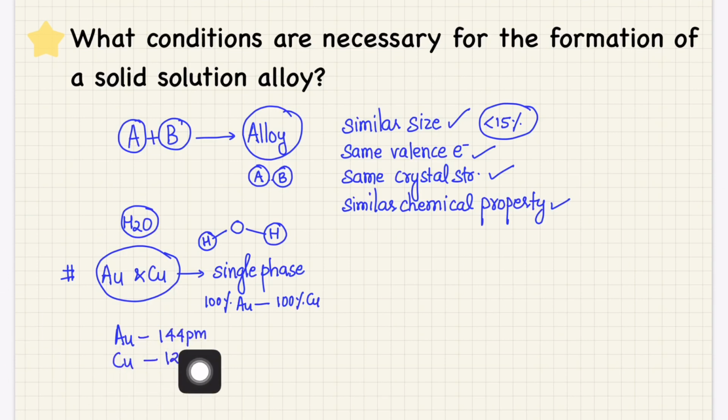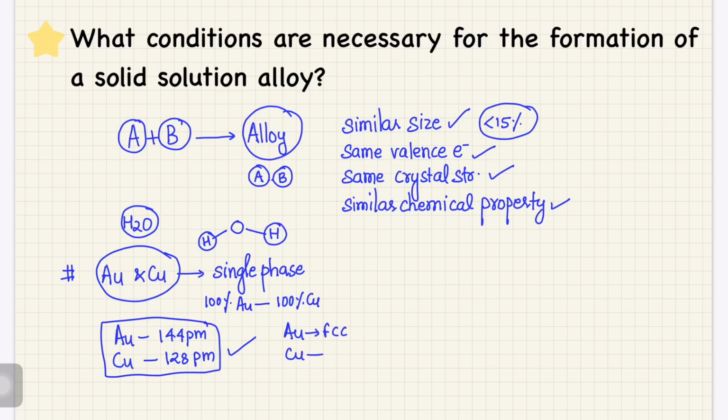So size is similar. The size difference is less than 15% approximately. So the first condition, this alloy is following. Now, they have the same crystal structure. Gold is FCC and copper is also FCC.